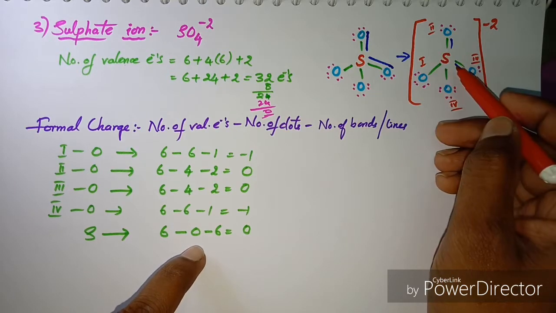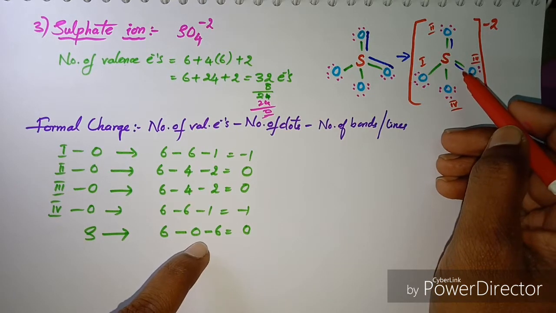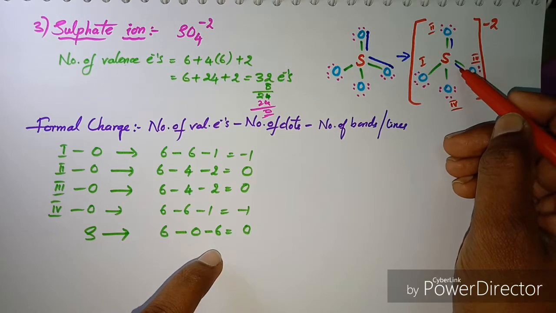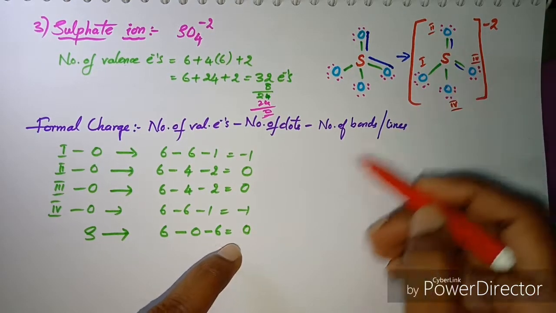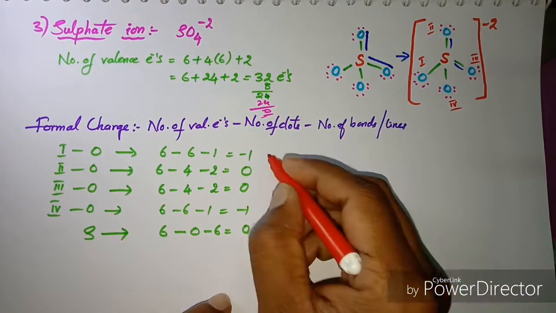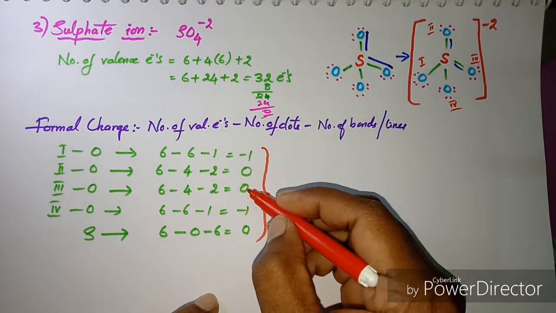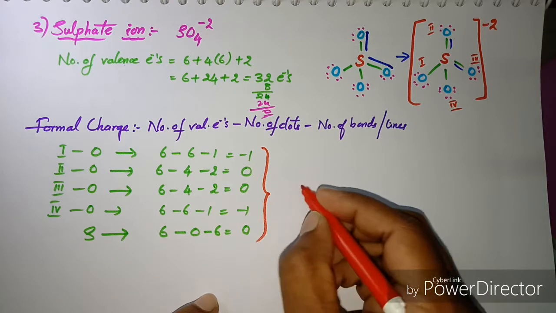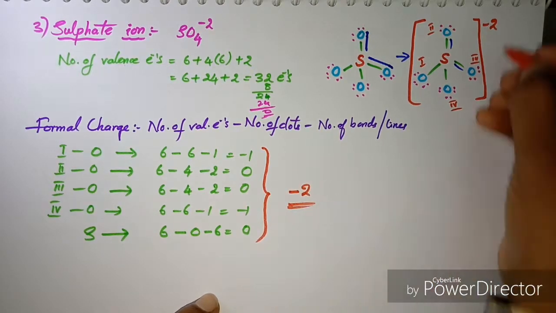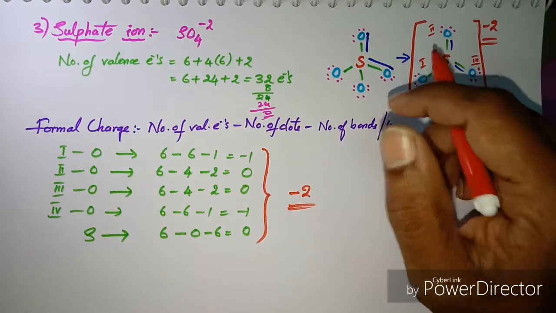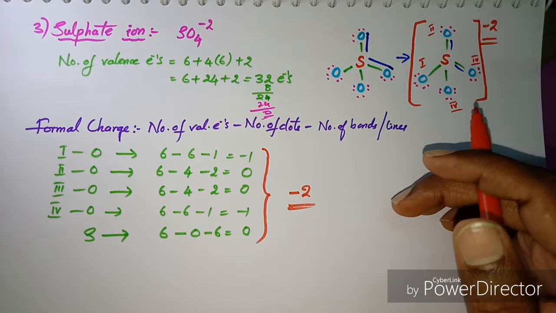Does it have any number of dots? No, 0. And it is surrounded by number of bonds or lines. So total number of bonds or lines are 1, 2, 3, 4, 5, 6. So overall charge is 0. Now let's know its net charge. -1, 0, 0, -1, 0 is -2. Let's verify. So this is how we draw the Lewis dot structure and calculate its formal charges.